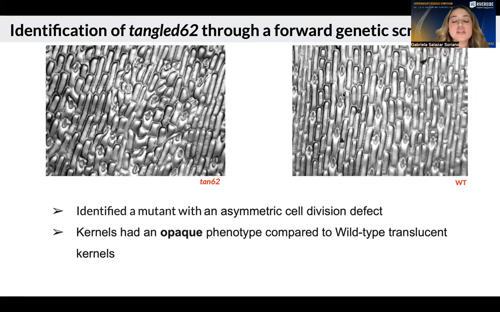And Tangled 62 was identified through glue impressions, which is using glue to be able to visualize the cells in the epidermal tissue. And so as you can see here, Tangled 62 shows a lot of the misoriented divisions compared to a leaf of a wild type plant. And so this mutant is known to have an asymmetric cell division defect.